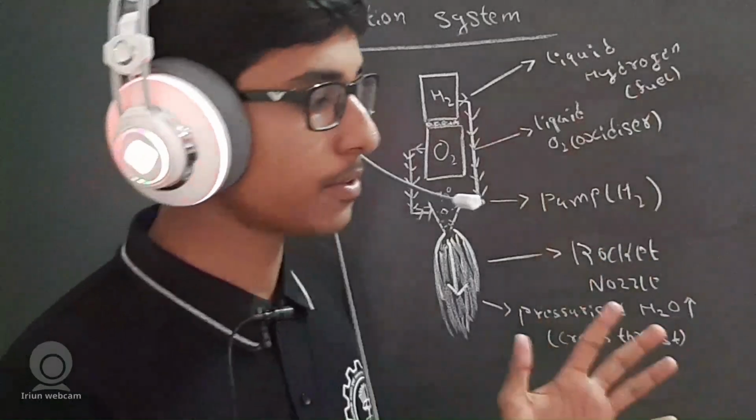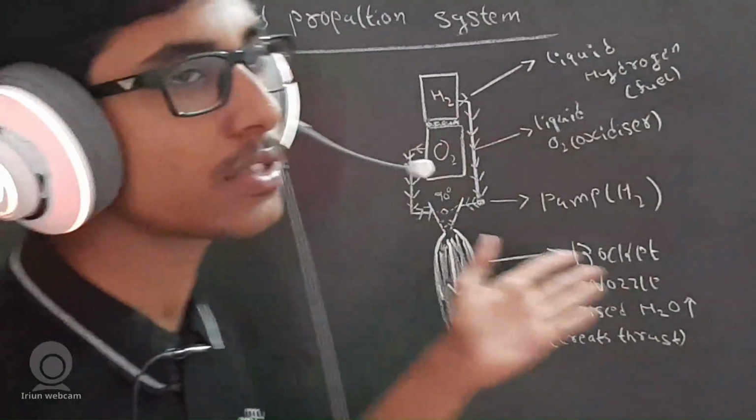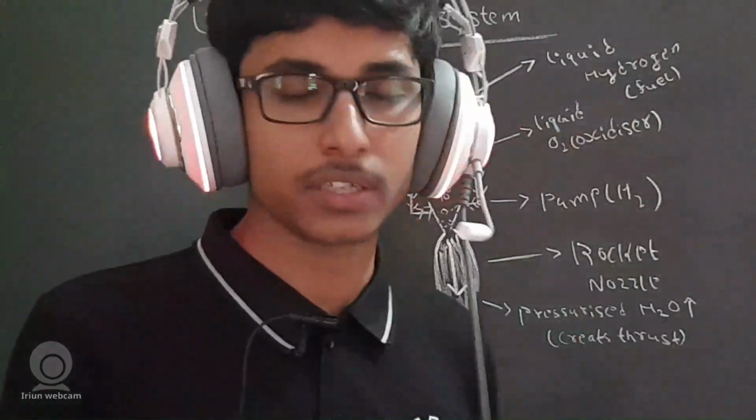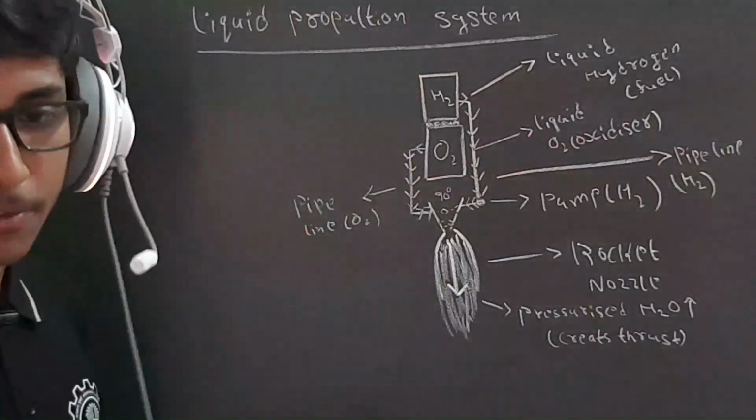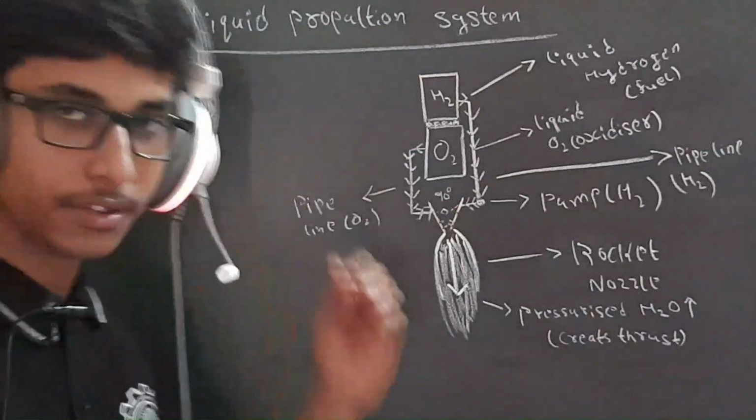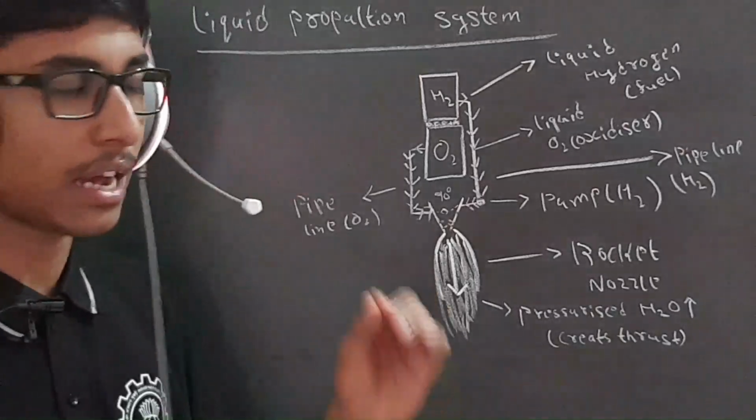So that particular calculation is done by the computer, which is built into the navigation system of the rocket body.